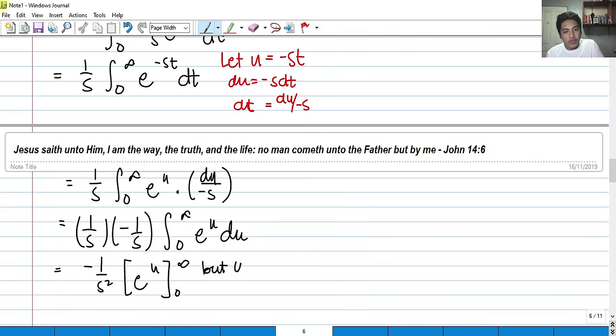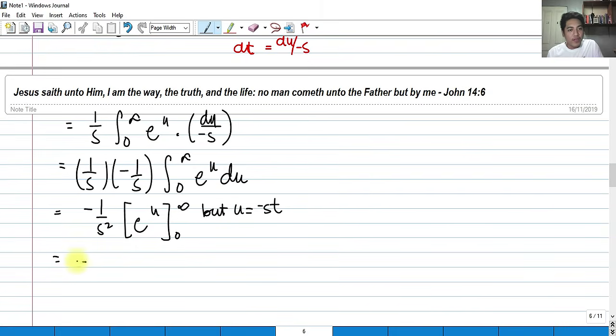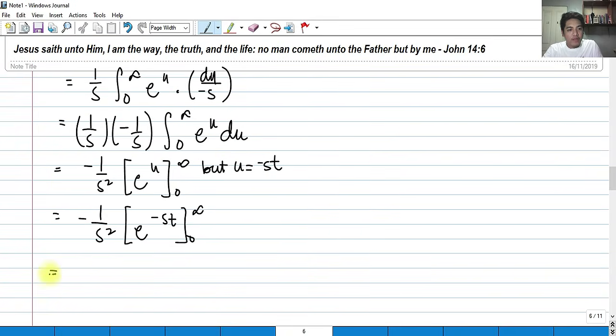But again, u is equal to negative st. So back substituting that, we have negative 1 over s squared multiplied by e raised to negative st from 0 to infinity. Evaluating the limits, we have negative 1 over s squared multiplied by e raised to negative s times infinity, which is equal to 0, minus e raised to negative s times 0.